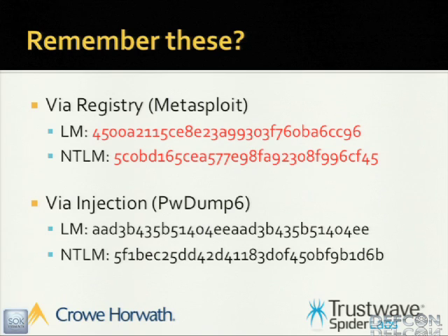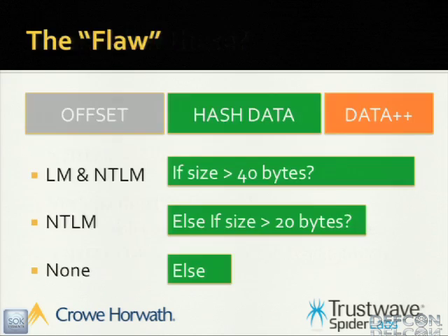So let's look back at this logic one more time. Like Ryan said, we focused on Metasploit, so that was our primary goal, debugging, trying to figure out what was going on. And we did have some samples that actually yielded these corrupted hashes.